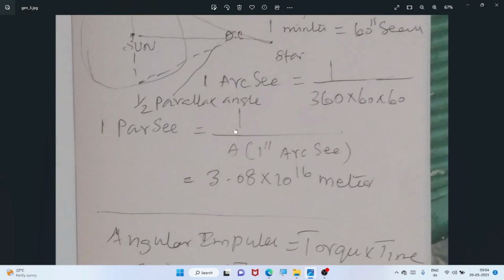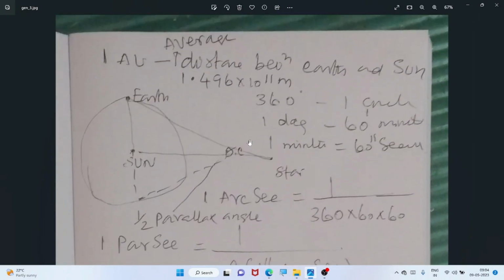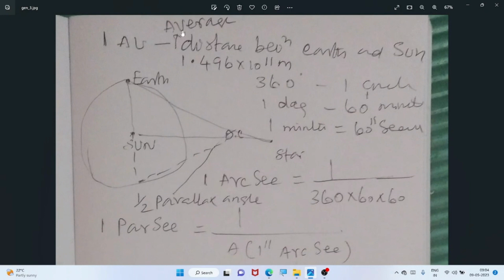Now, one astronomical unit is the average distance between the earth and the sun. This is the sun, this is the earth. Earth is rotating around the sun. So one time suppose the earth is here and another time here, you are seeing an object here, and this is the angle. This is the center of the sun.